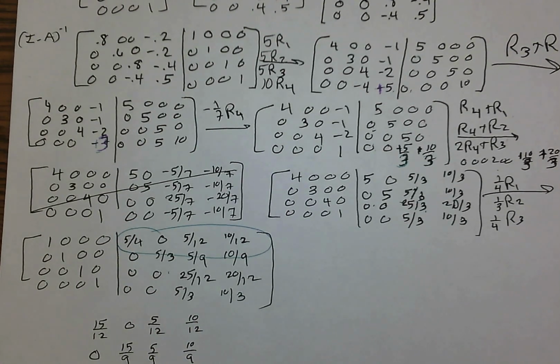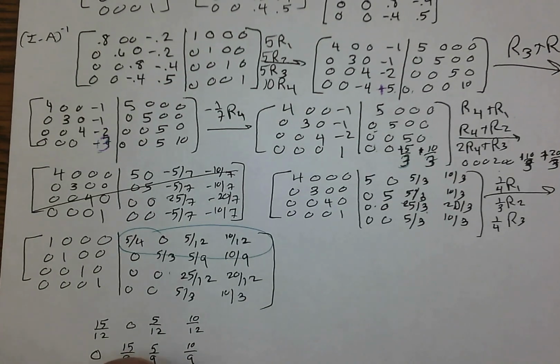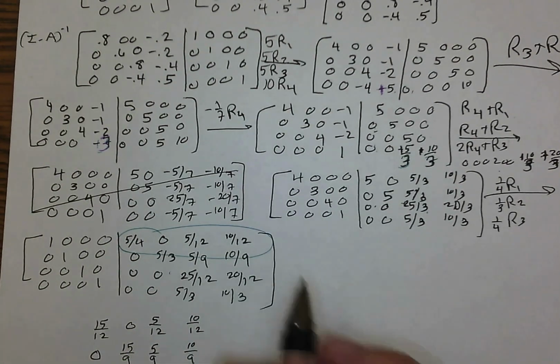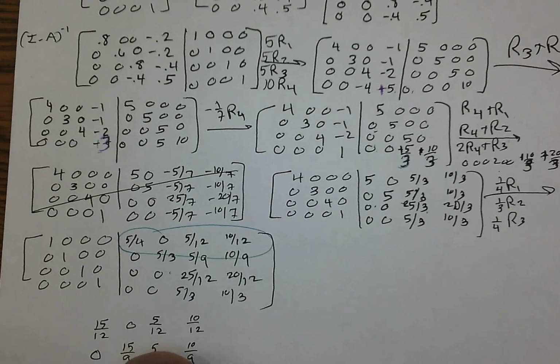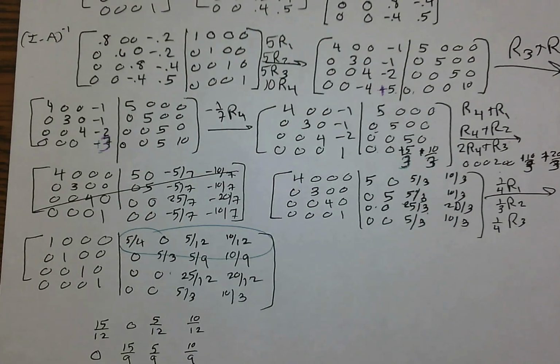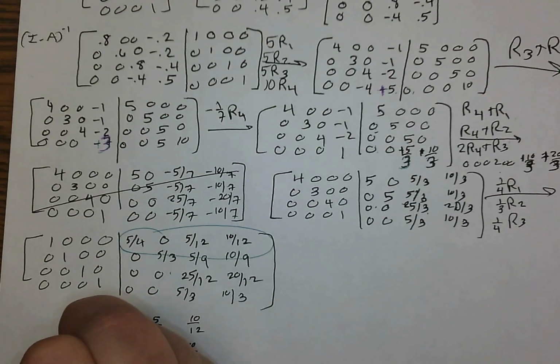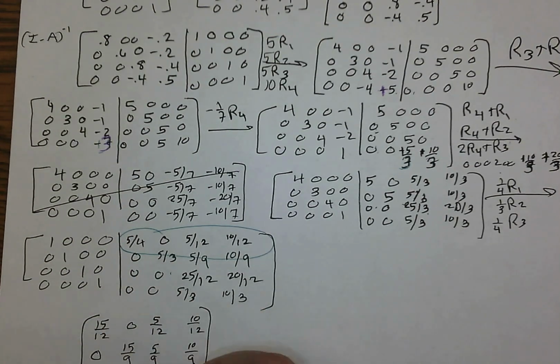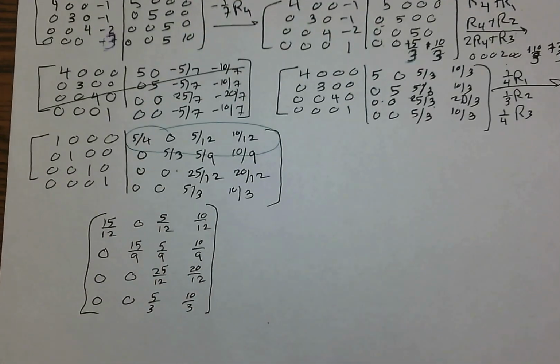And in order to add them, they must have common denominators. So I'm just taking care of that now. 25/12 doesn't reduce, so I'm going to leave it 25/12 and 20/12. And then I'm going to leave this 5/3 and 10/3. I'm also taking this moment to rewrite my matrix a little bit clearer so that I have more confidence when I go to multiply.